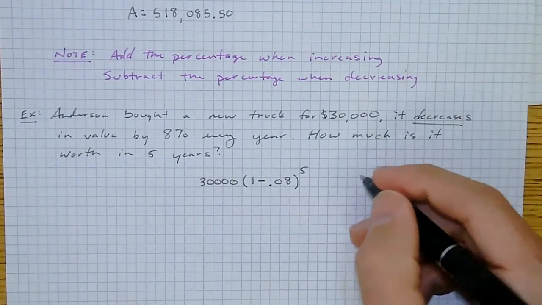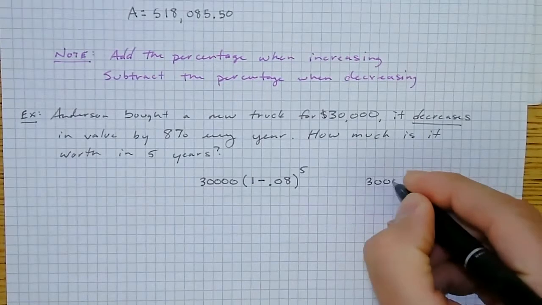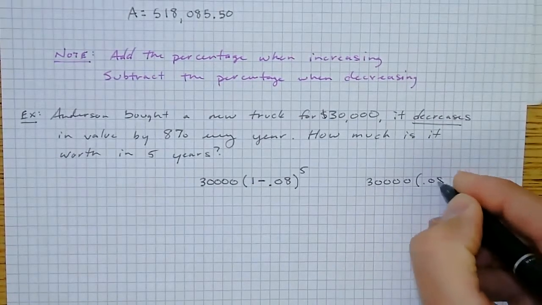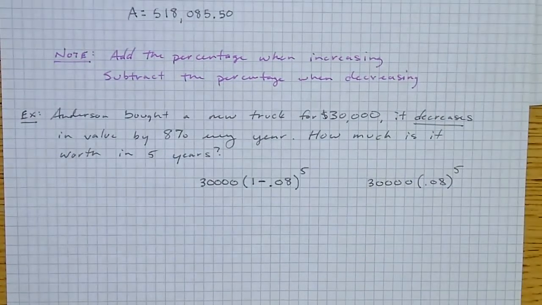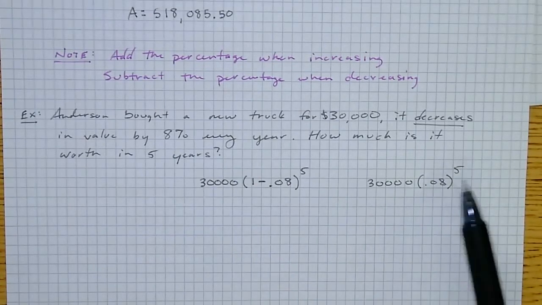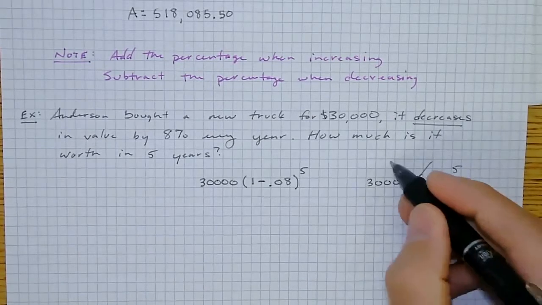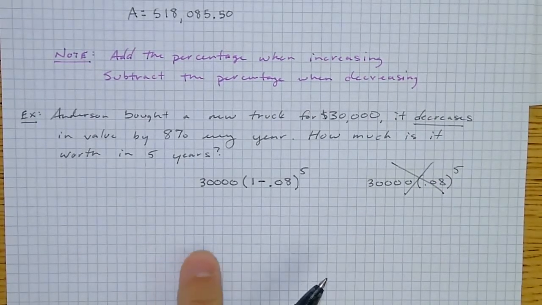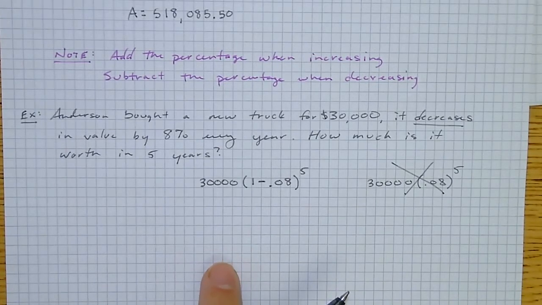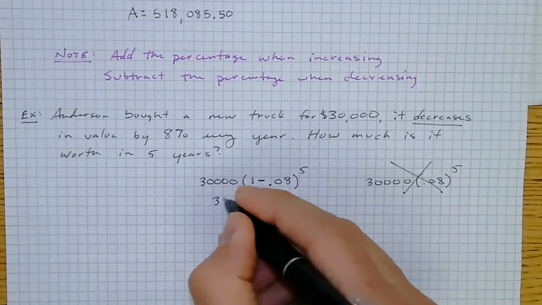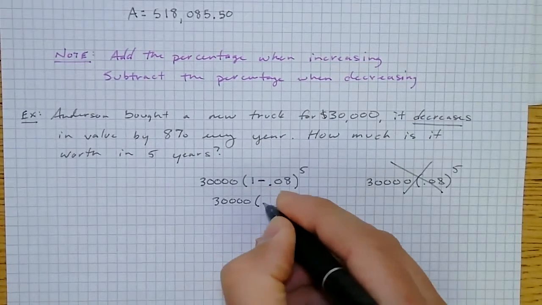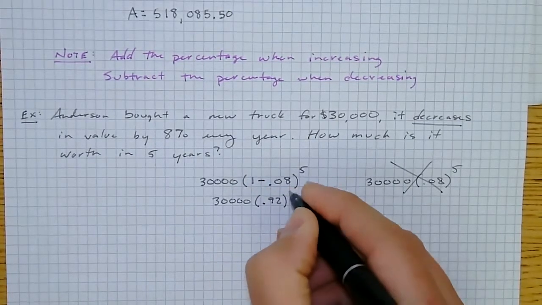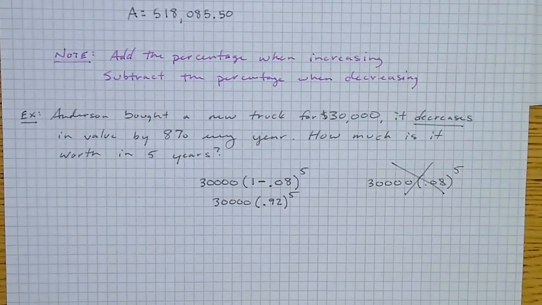A common misconception is people will plug it in without saying 1 minus the percentage. They'll just plug it in as 0.08. Don't do that. It's 1 plus or minus the percentage. So in this case, when we simplify it, it's 30,000 times 0.92 raised to the 5th power.